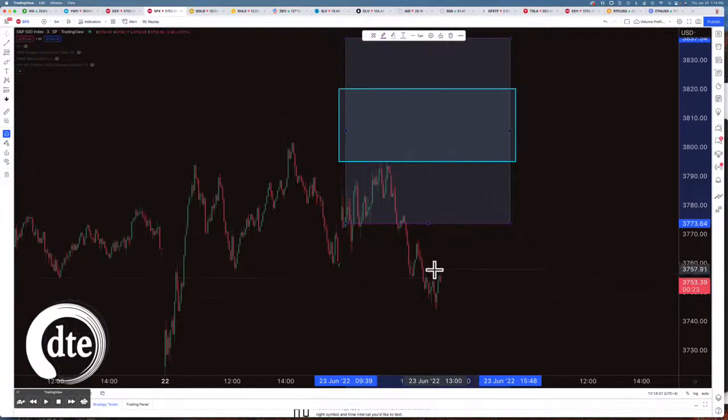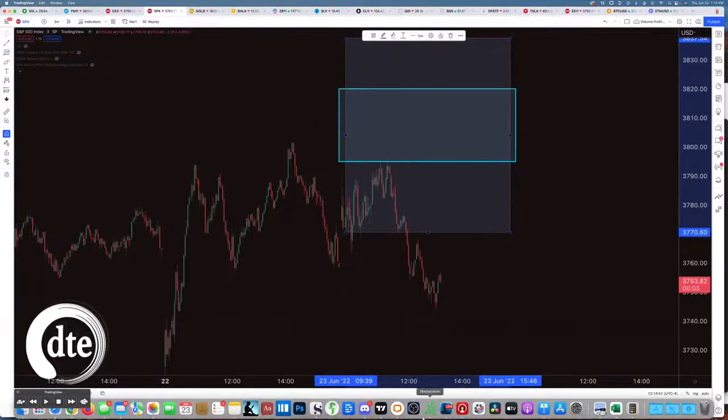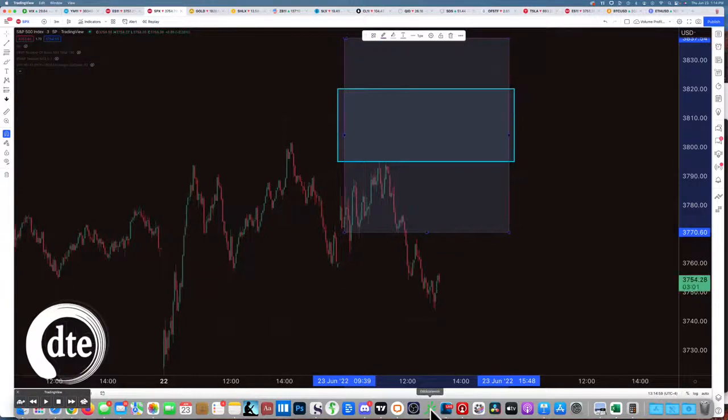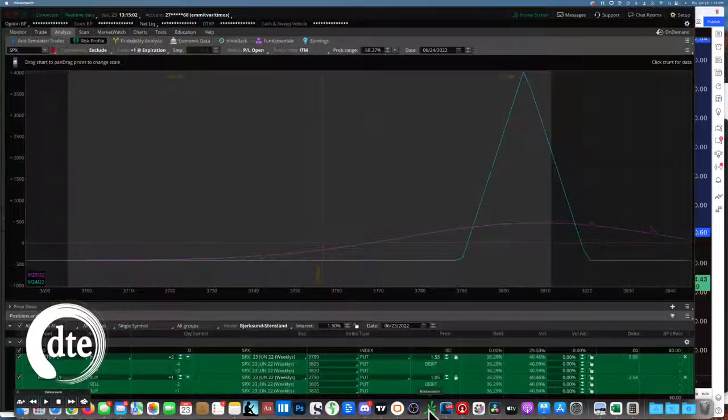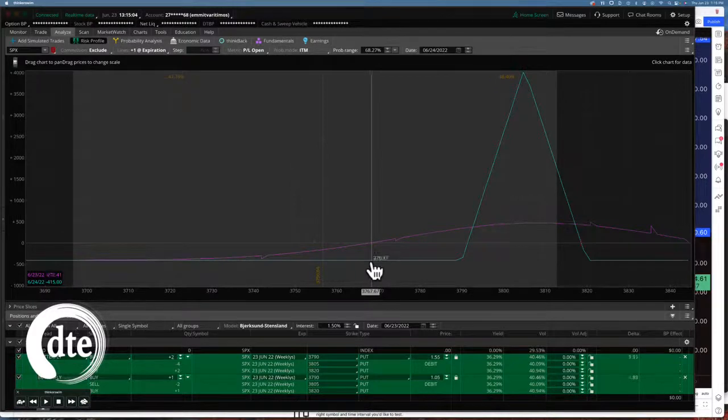But looks like we pulled back again a little bit. I'd like to see it start moving up within the next hour. If we can't get within, I don't know, 5 or 10 points of profitability, then I'm going to start getting concerned that we won't. Right now, let's see, the edge of profitability is still at 37.68, which is amazing.